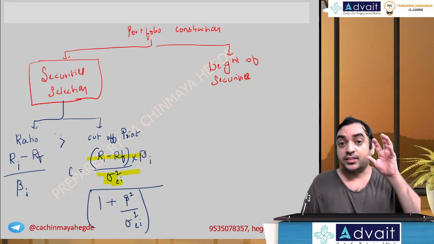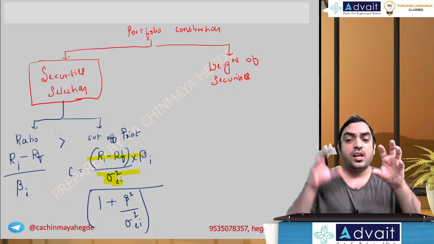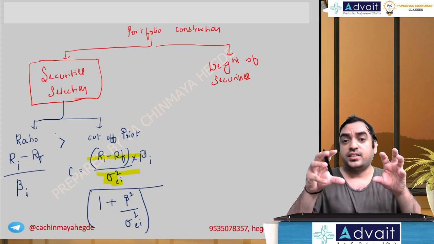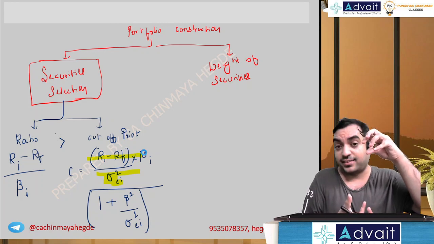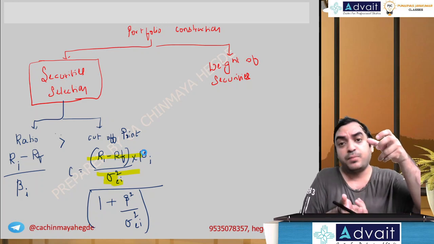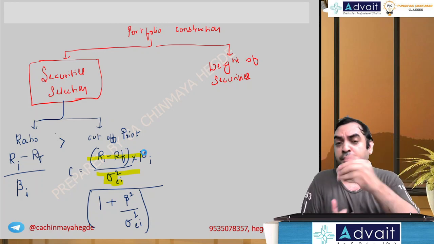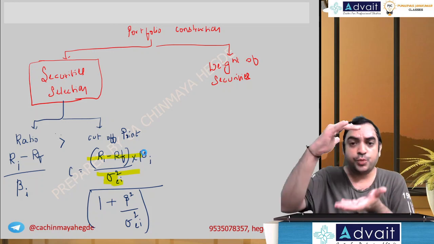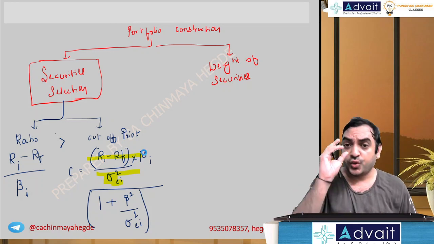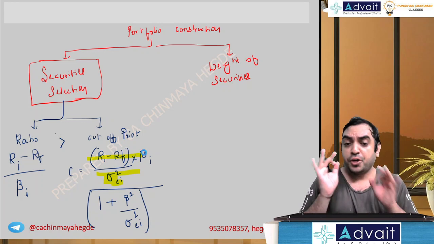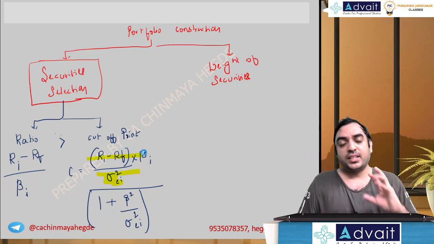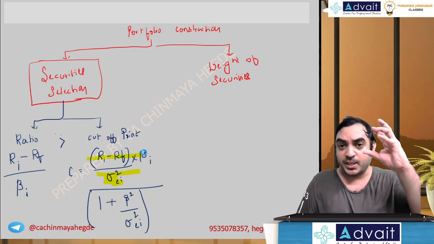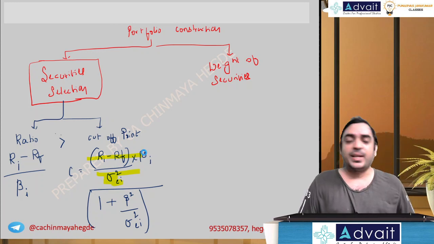So we are having systematic risk, which is beta, unsystematic risk, which is sigma square Ei. So systematic risk divided by unsystematic risk, beta divided by sigma Ei square, multiplied by risk premium, that is Ri minus Rf. That is the numerator. Divided by 1 plus, we are not taking premium here, we are only focusing on the variances. So beta square by sigma square Ei, systematic risk variance divided by unsystematic risk variance.